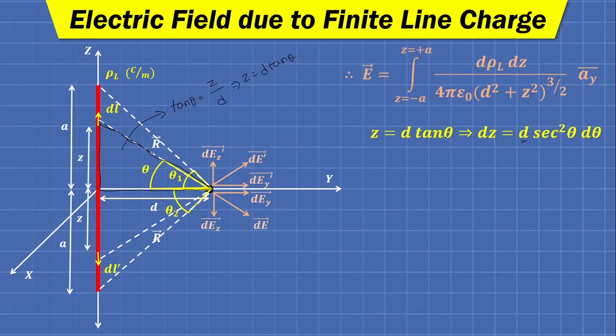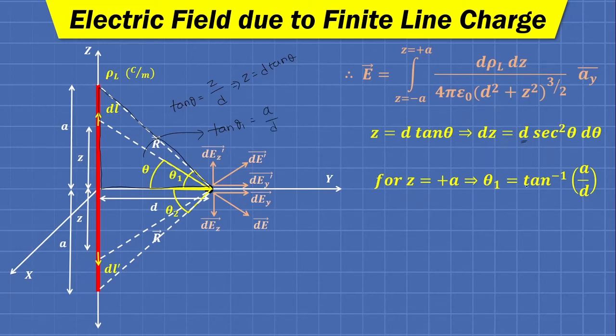And now let us manipulate the limits of integration. So for z equals plus a, theta 1, see, for z equals plus a, now consider this triangle. In this triangle where z equals plus a, tan theta 1 can be defined as a divided by d, and hence theta 1 will be tan inverse a by d.